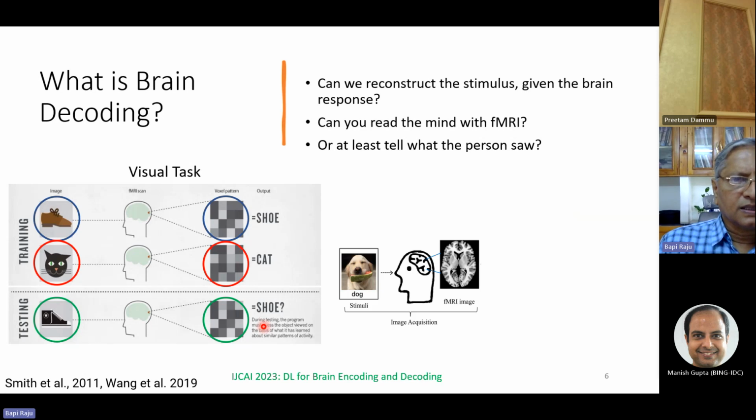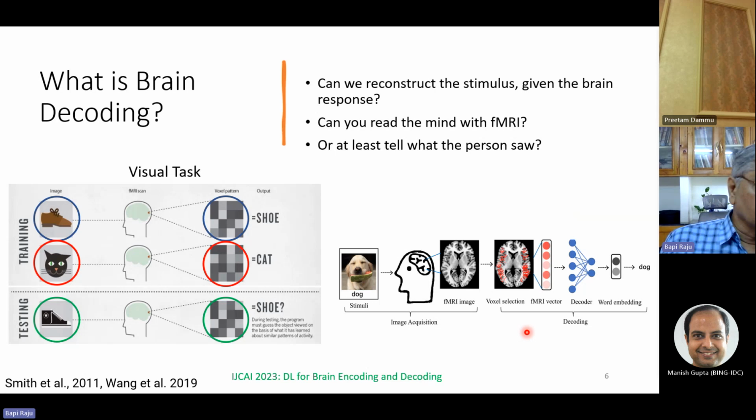Right, so the other, more nuanced linguistic decoding is where you acquire the functional MRI and the brain activation represented as voxels, which are selected. I'll talk about this in more detail in the next slides.